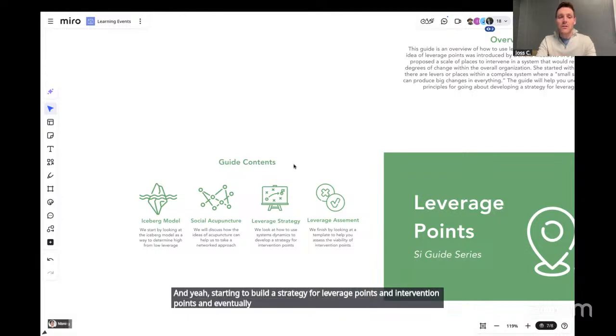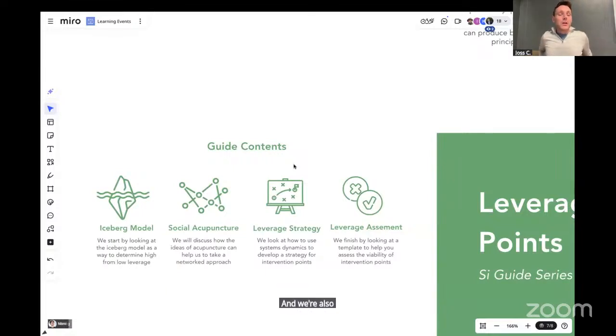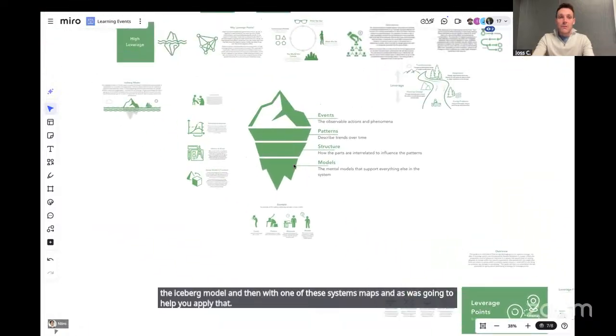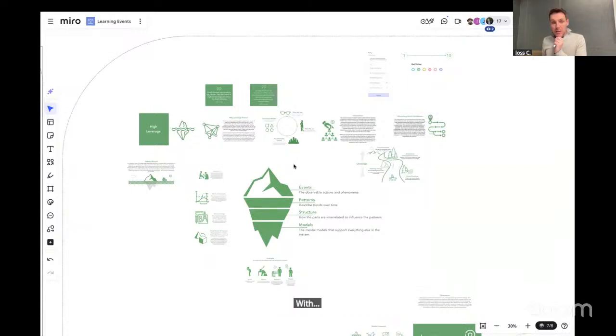So that's what we're going to cover in the ideas. And we're also going to have a couple of little workshops as we go along with the iceberg model, and then with one of these systems maps. And Azra's going to help you apply that. So hopefully that's what you came for. Let's start here with the iceberg model.